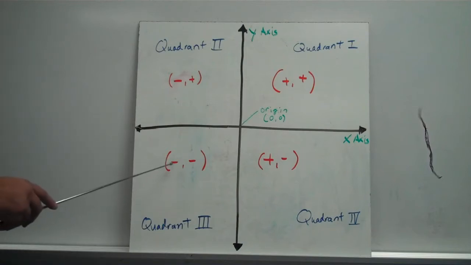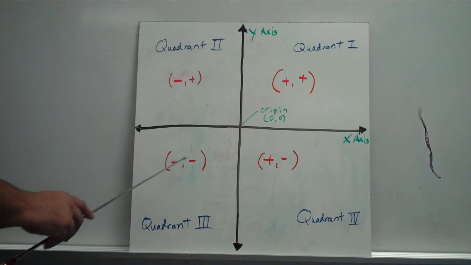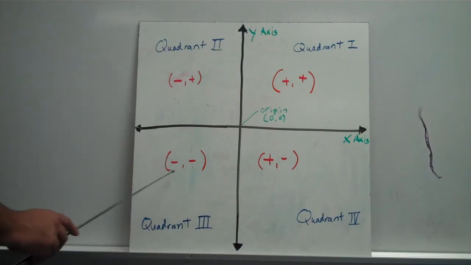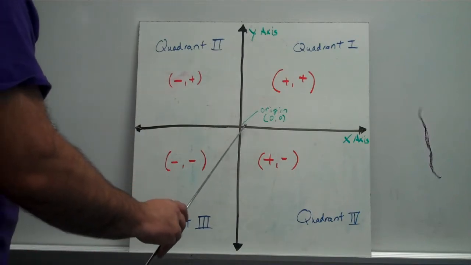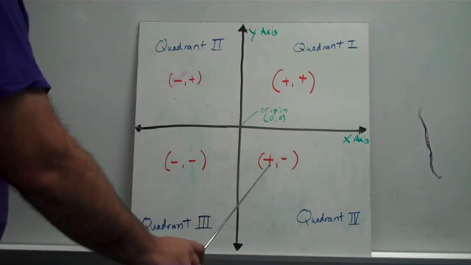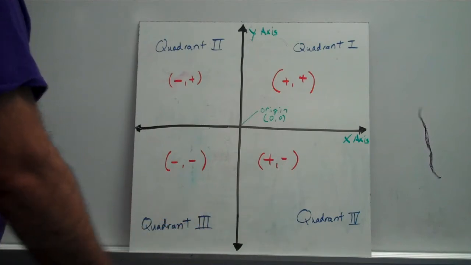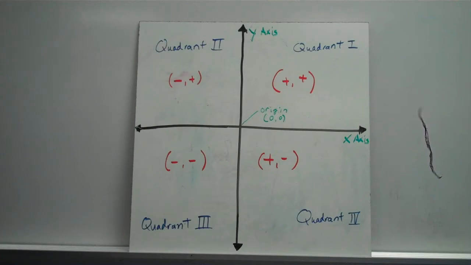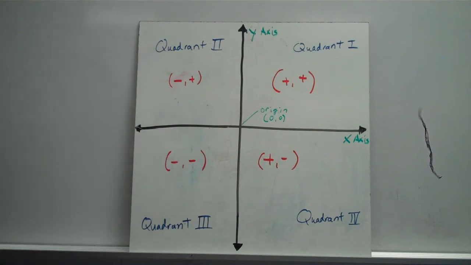In quadrant 3, we're still going to the left on the x-axis, but now we're going down on the y-axis, which gives us negative, negative. And then for quadrant 4, we're going to the right on the x-axis, which makes this positive, but we're going down on the y, which makes this negative. And then one last little bit is in the middle here, again, that's the origin, and its coordinate is 0, 0.